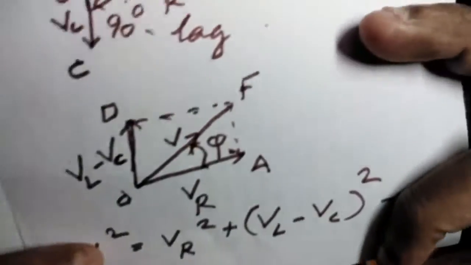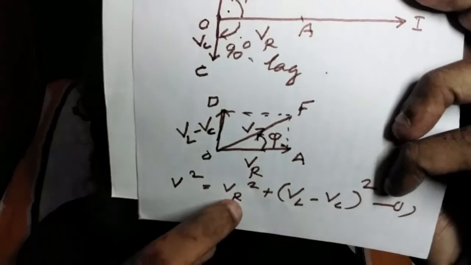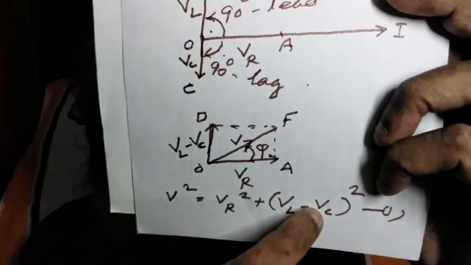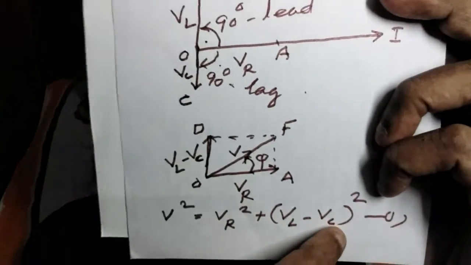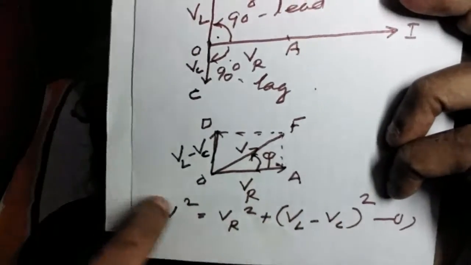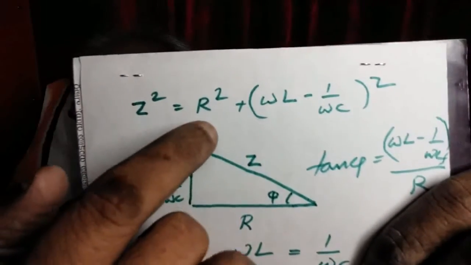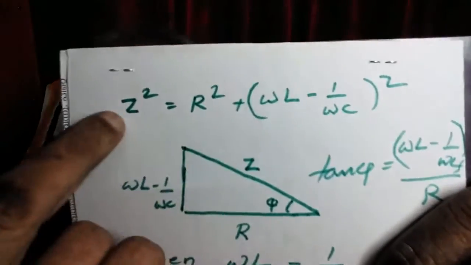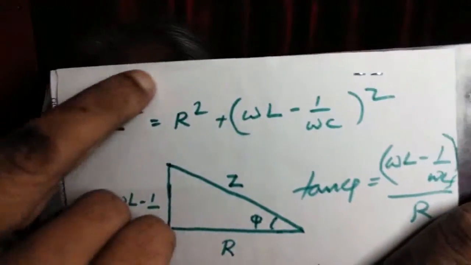You put V equals IZ, VR is IR, VL is I into XL or I omega L, VC is I into XC or I into 1 by omega C. The common factor I would go, then you will get Z square equals R square plus (omega L minus 1 by omega C) the whole square. This is the formula for the total impedance of the circuit.